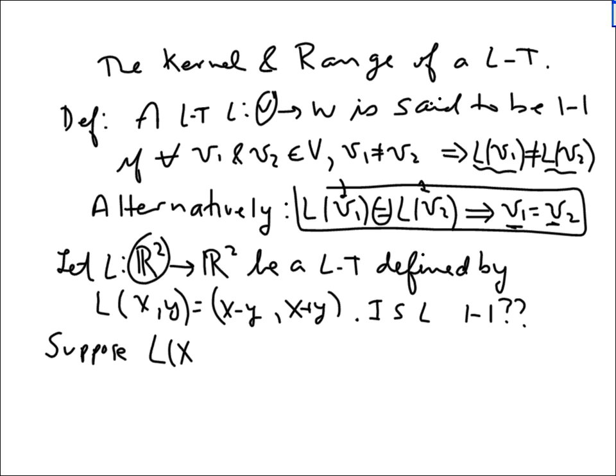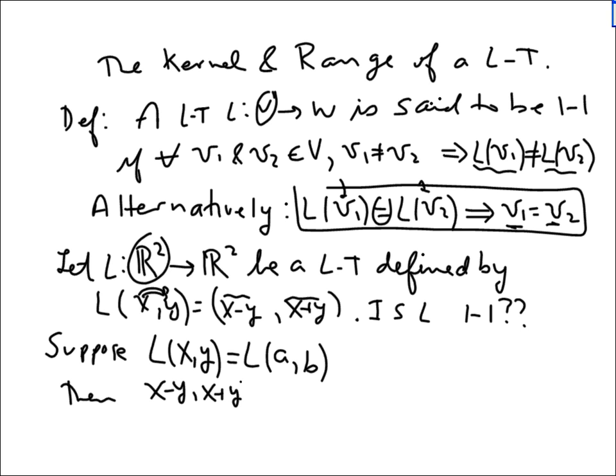Suppose L of (x, y) is equal to L of (a, b). Then L of (x, y) is, first you do the first minus the second, x minus y, comma, and then you add the first and the second, x plus y.